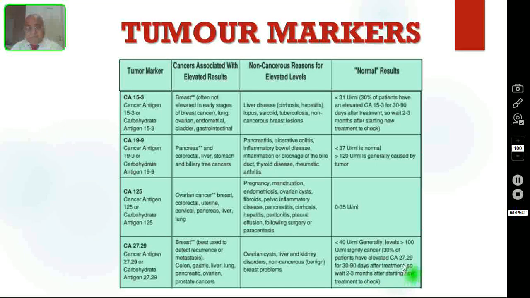That means after the surgery, this will be elevated for at least 30 to 90 days. So wait for 2 to 3 months after starting the new treatment, then only you have to check the level.